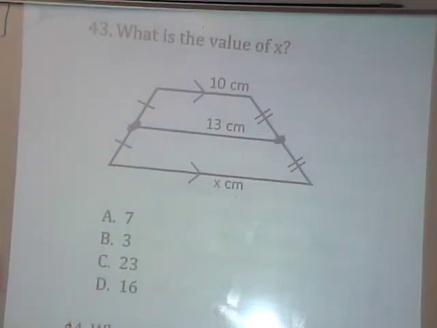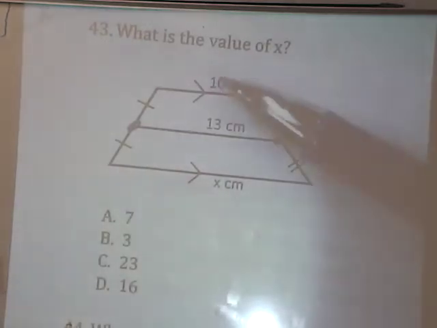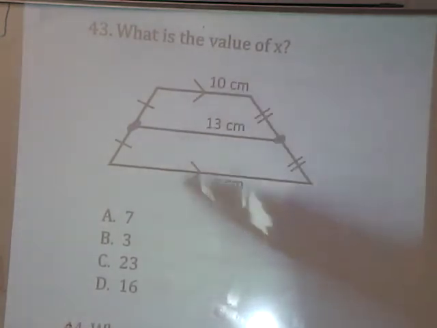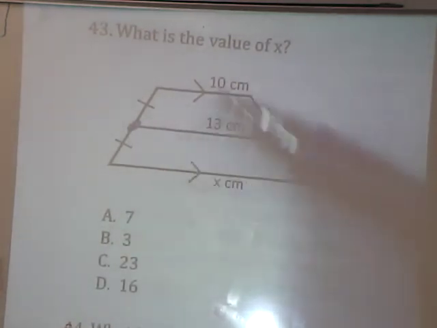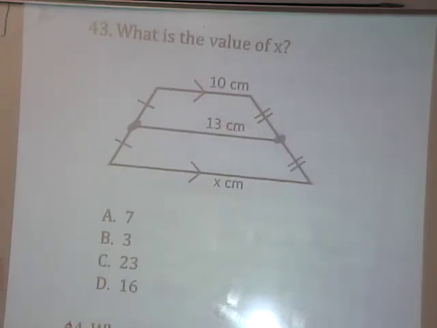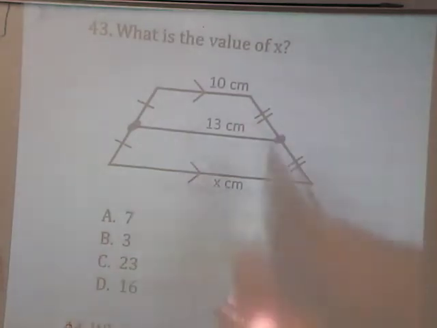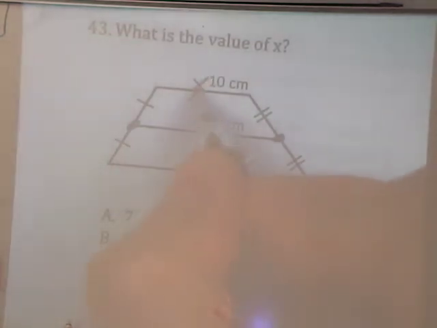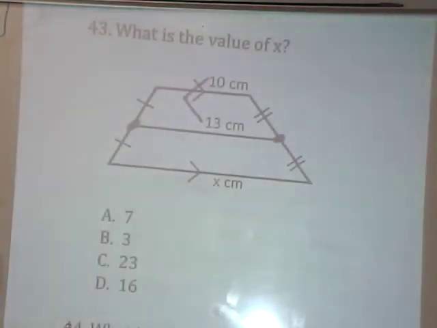What do we know about the mid segment of a trapezoid? The length of it is the average of the two bases. Add this base and this base, divided by 2, and you'll get the mid segment. Okay? Another way to solve this: what do I have to do on a number line to get from 10 to 13? Plus 3.